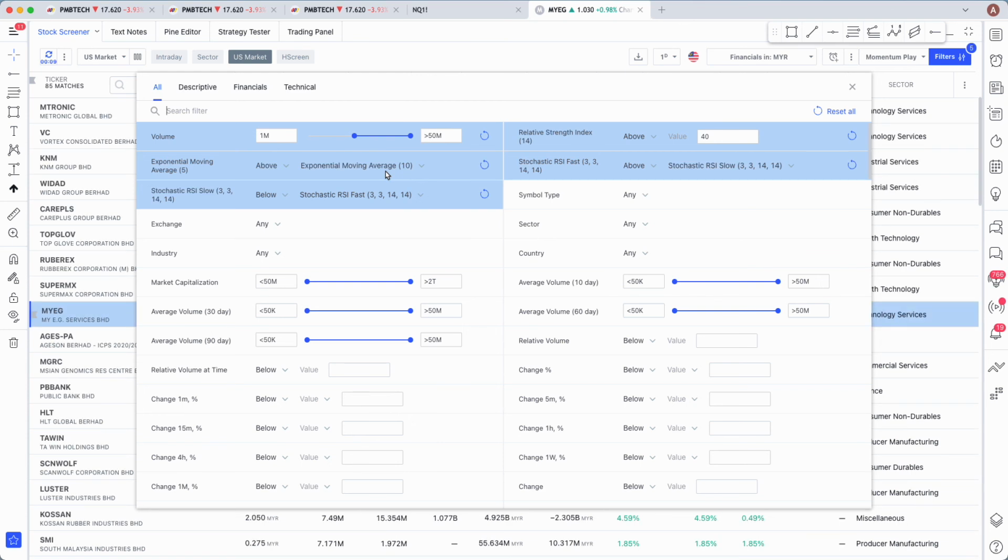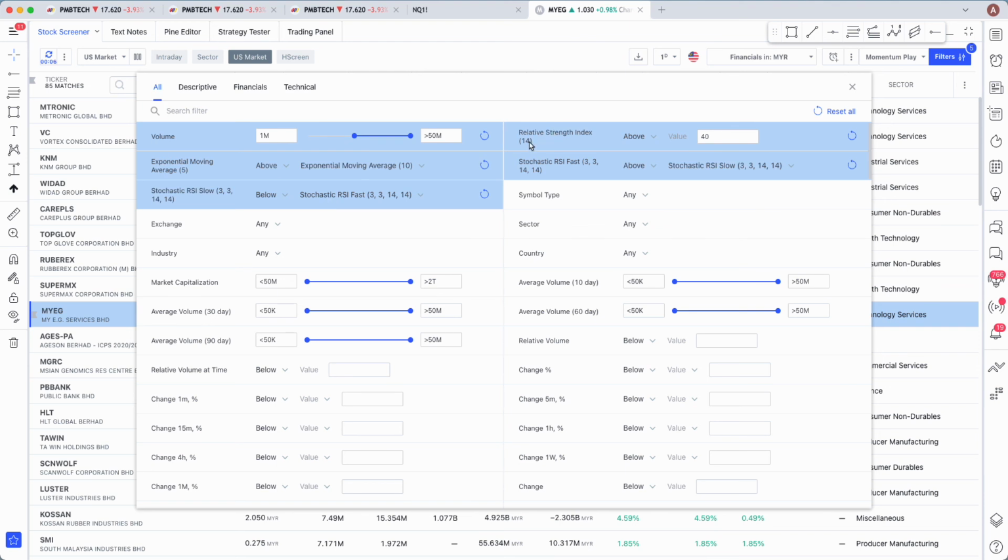That's why I use 5 and 10. Next, I look for stochastic RSI slow below stochastic RSI fast. So basically, I want the stochastic RSI slow below fast to see whether in the short term the momentum is bullish or bearish, right?